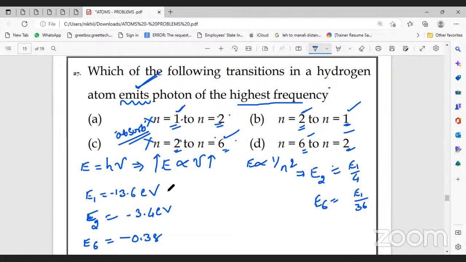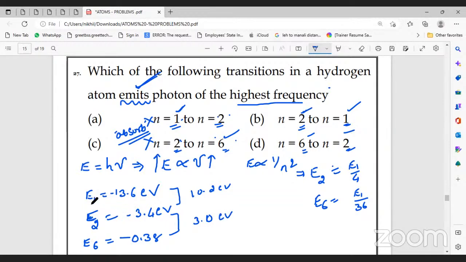But look at the difference. From 2 to 1, what is the difference? It is approximately 10.2 electron volt. Difference between 6 to 2, it is 3.4 to 0.38. It is close to 3.1 or close to 3.0 electron volt.